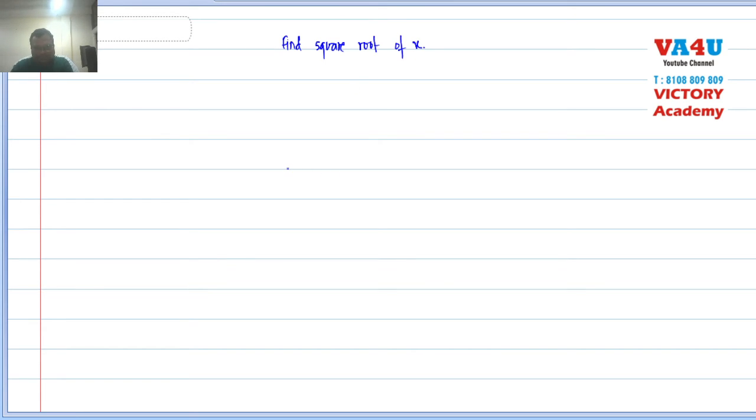So I will draw AB of length x. That is step 1. Then I extend AB to C such that BC is 1 centimeter.